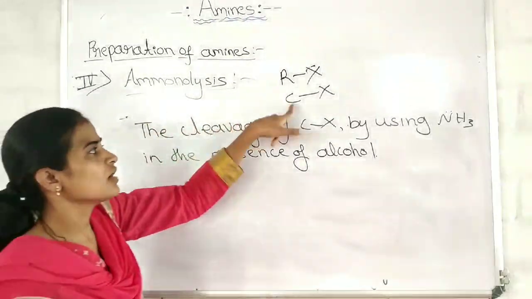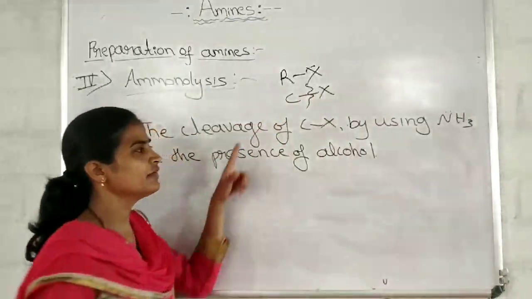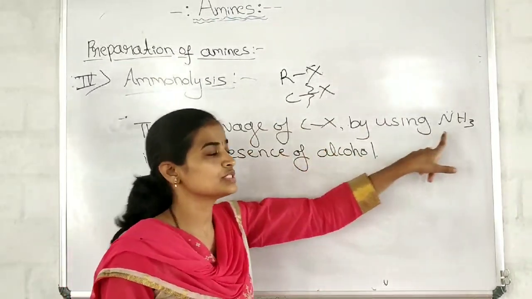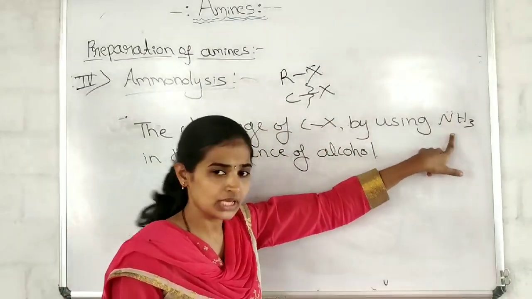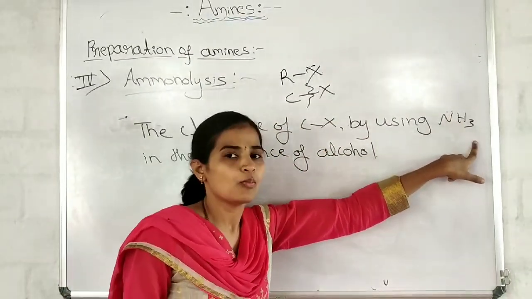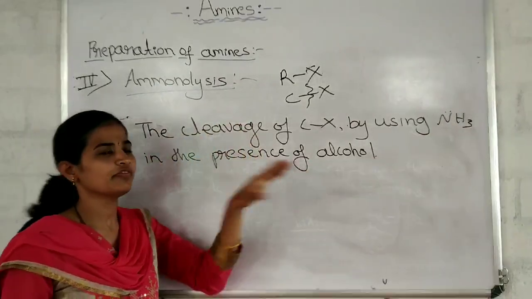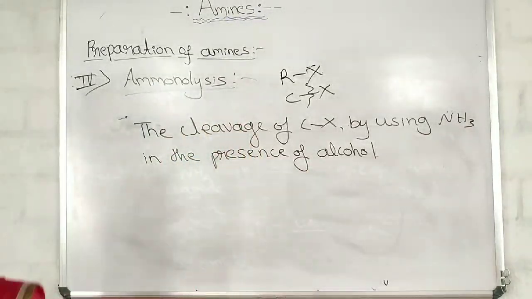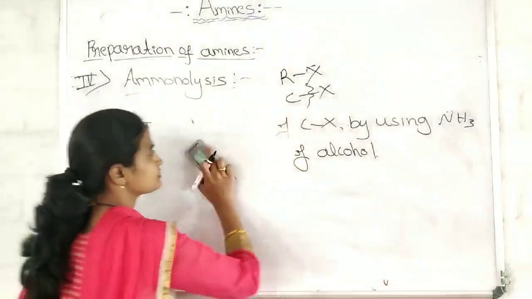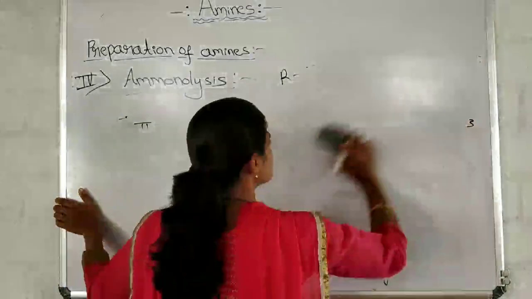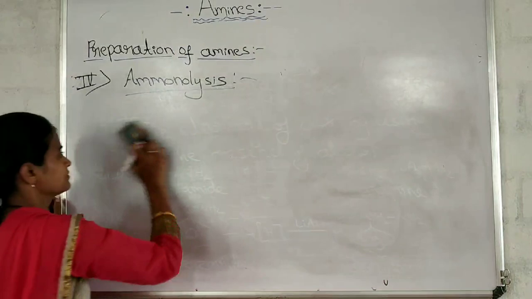The cleavage of carbon halogen bond by using any nucleophile, an example for the nucleophile being ammonia in the presence of ethyl alcohol, is called ammonolysis. By the ammonolysis process, one can prepare the amines.